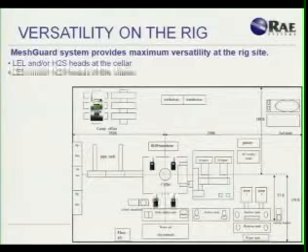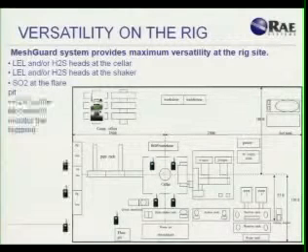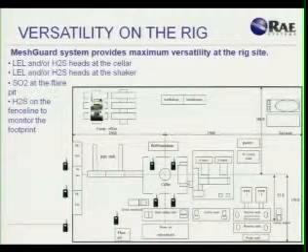Oftentimes people are using LEL and H2S at the shale shaker. They're also using SO2 at the flare pit. In addition, with our system, you can use H2S on the fence line to monitor the footprint. So any of the gases that are of concern that are leaving the actual pad area that need to be monitored, those can be done with a quick fence line application with wireless products.